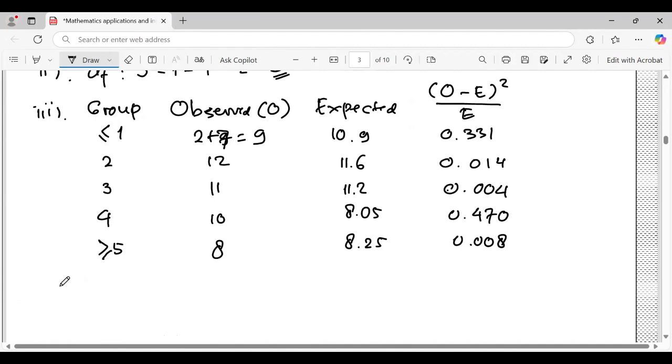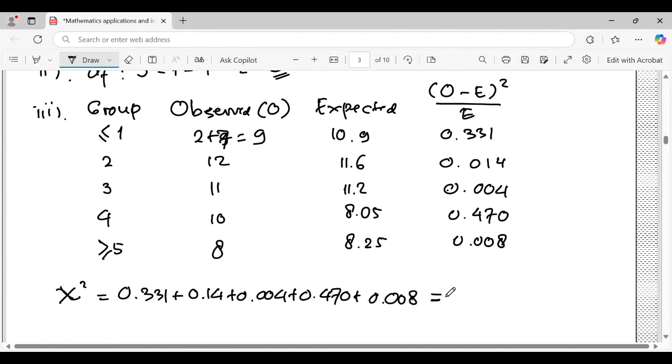All right, now the chi-squared: 0.331, 0.014, 0.004, 0.470, 0.008. It equals 0.827.